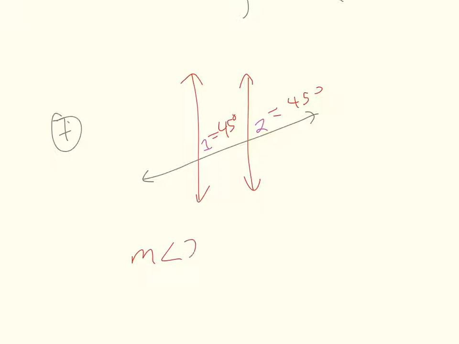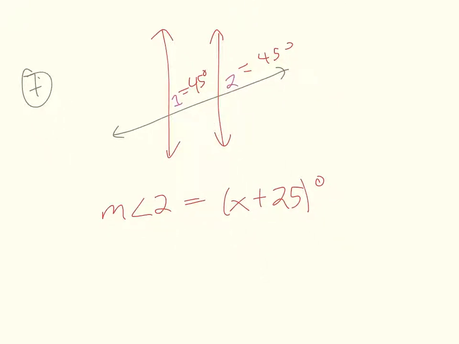Measure of angle 2 is equal to x plus 25 degrees. So for this one, we need to figure out what the value of x is. Well, I know the measure of angle 2 is just 45, so I can replace that with 45 degrees. And that's going to be equal to x plus 25 degrees.